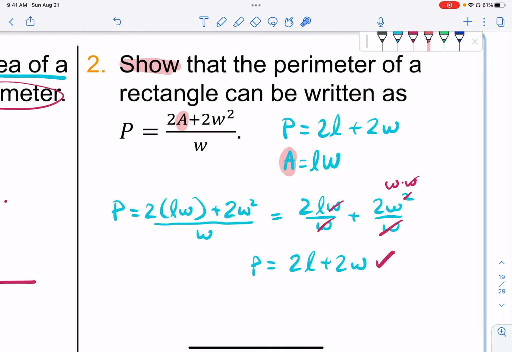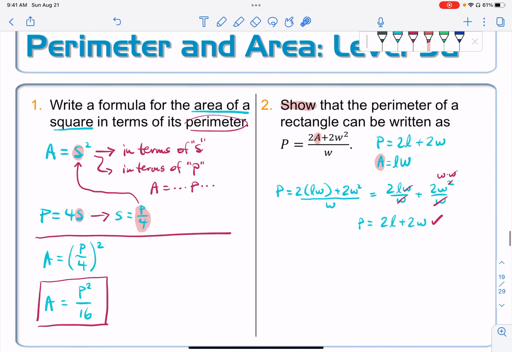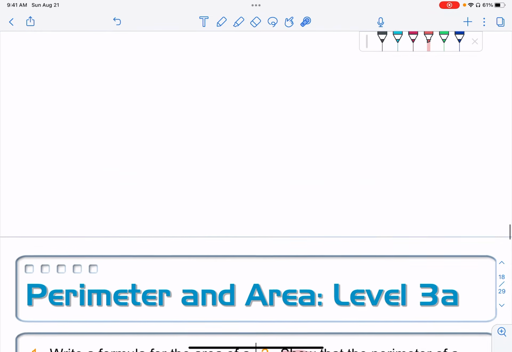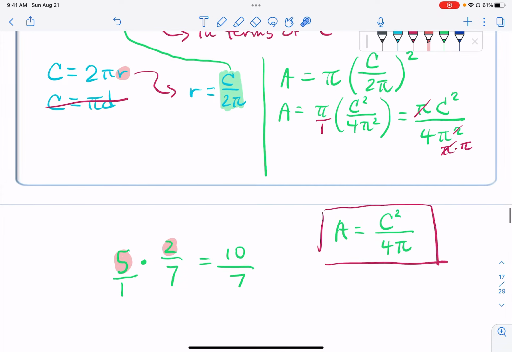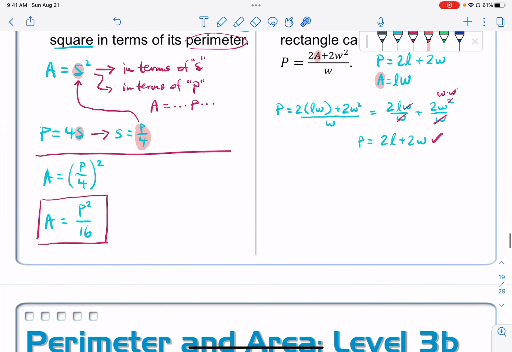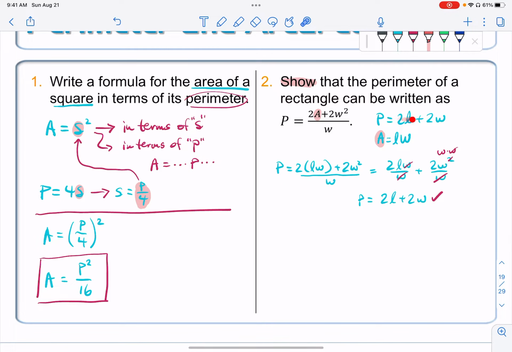Okay. But let's say that I did it sort of like what we did over here in question 1 and the other sample problem that we did right up here. And that is, let's start with the traditional perimeter formula, and we just have a goal in mind.